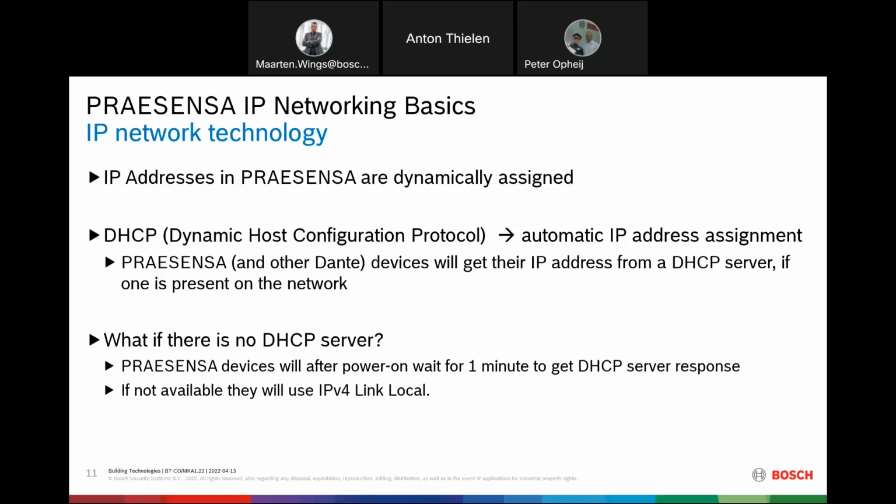So we do not need to have every time the same IP address for a component. Within PRAESENSA, we configure on the host name. So we do not configure on IP. We talked now about a layer 2 or 3 on the OSI level. With PRAESENSA, we have a higher layer in the OSI model where we have the names, the host names of the devices.